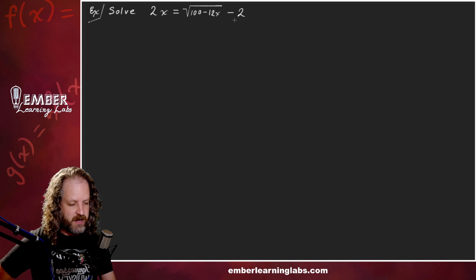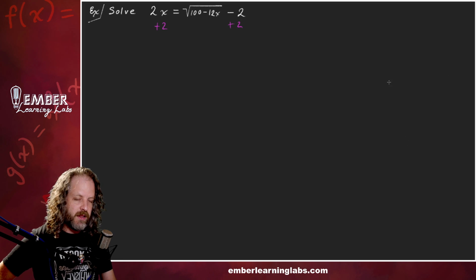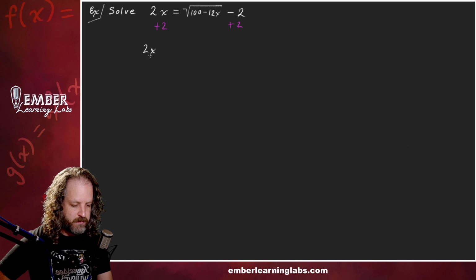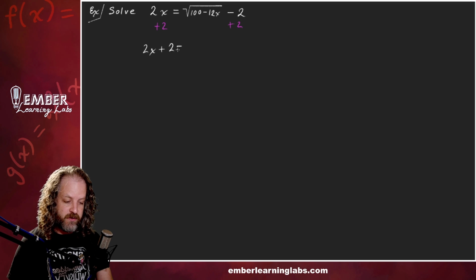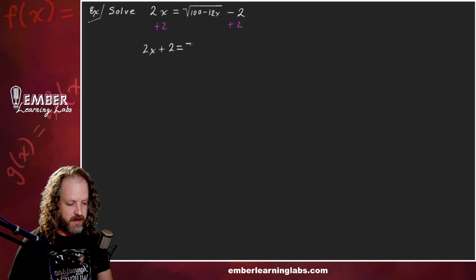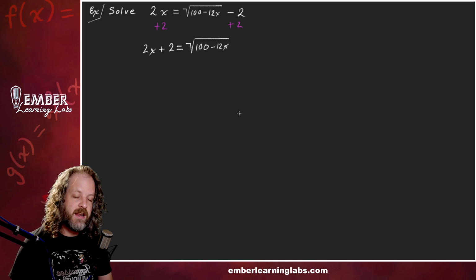So we're going to add 2 to both sides. This is probably mostly review, so I'm going to go a little bit quickly, but if not, you can go watch my Algebra 2 videos on solving radical equations, or somebody else's videos, or read the book, or any number of other ways.